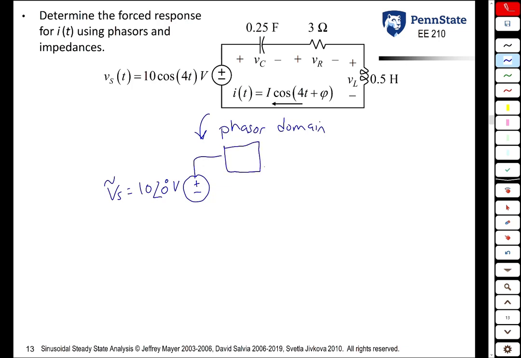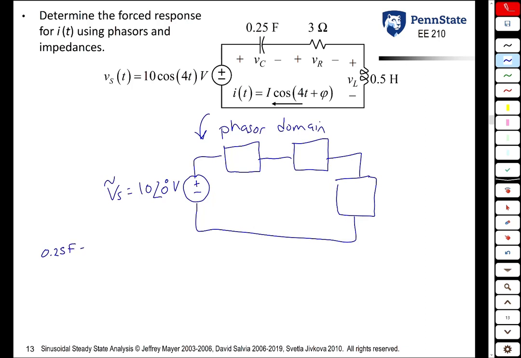Capacitors and inductors and resistors are now replaced by their impedance equivalents. So for a capacitor, a 0.25 farad capacitor, it gets replaced by minus j over omega c. Omega was 4 radians per second. Capacitance was 1/4 of a farad.